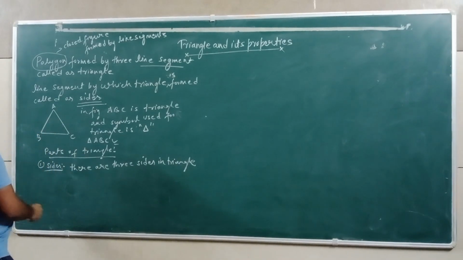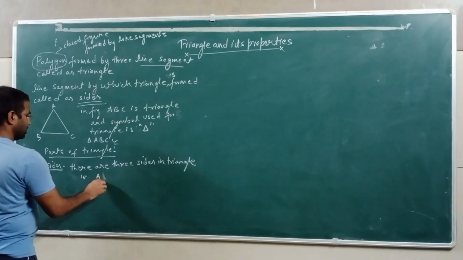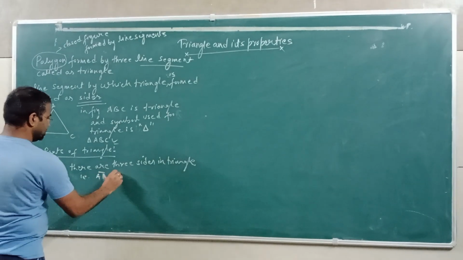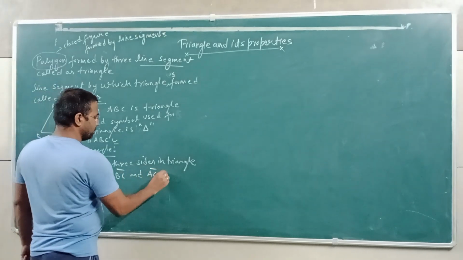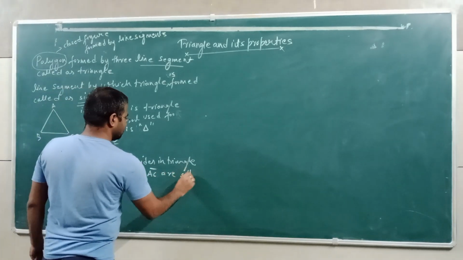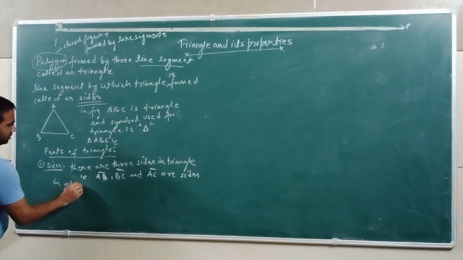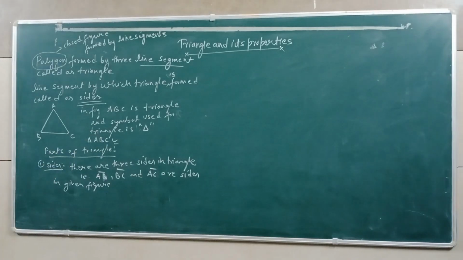One, two, three sides are there. That is AB, BC, and AC are the sides in the given figure. Okay, you can see here.